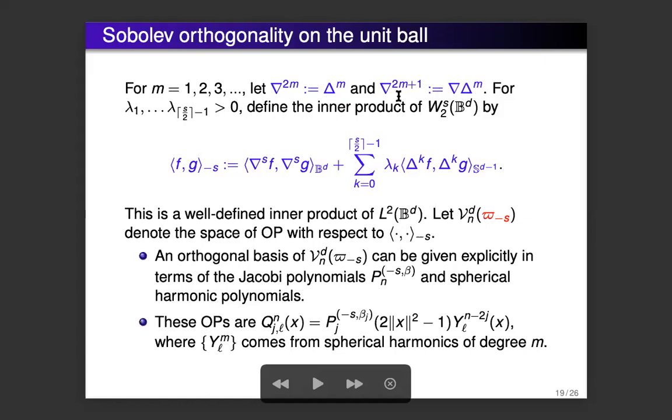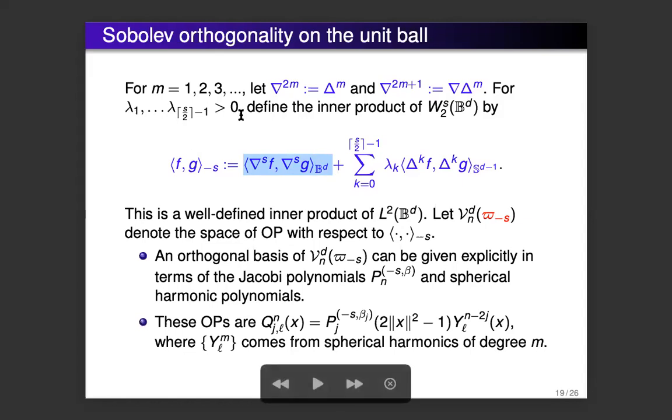Of course, then we can define the inner product just like that. If s is even, this becomes simply the Laplace to the m-th power. If it's odd, you'd have to take an inner product of the two.